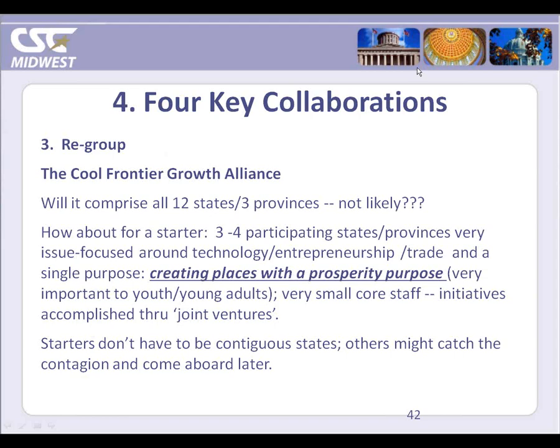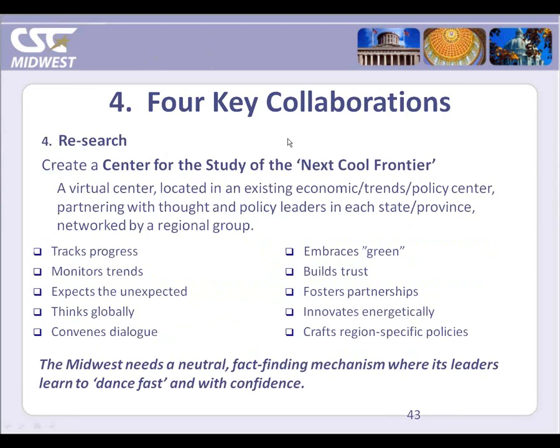And hopefully by beginning in this way, other states and provinces would join as the topics and issues come to the fore.